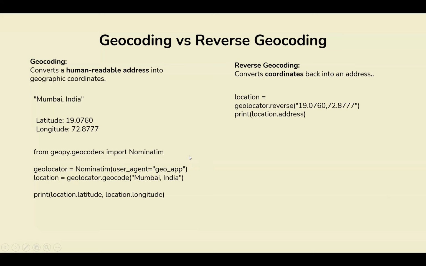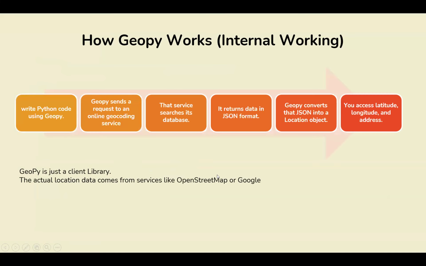Okay. Now slowly we are moving towards the code. This code I will explain in the next slide. So, how GeoPy works internally. We are writing Python code, and we are going to use the GeoPy library. Whenever you want to do geocoding, GeoPy sends a request to the online geocoding service.